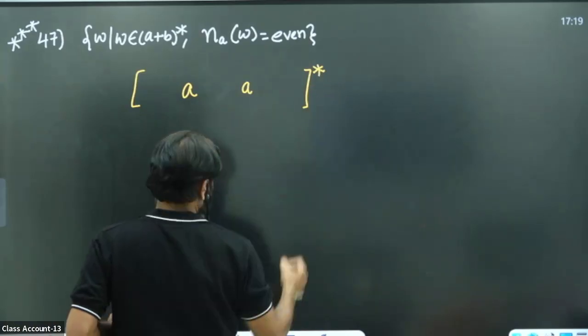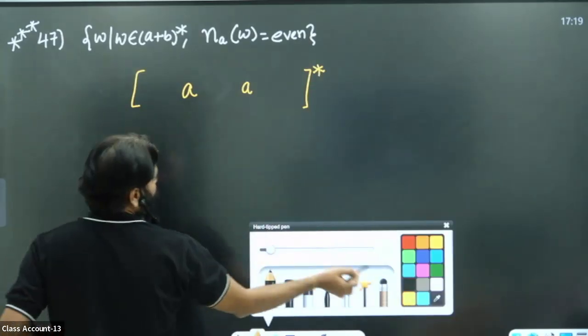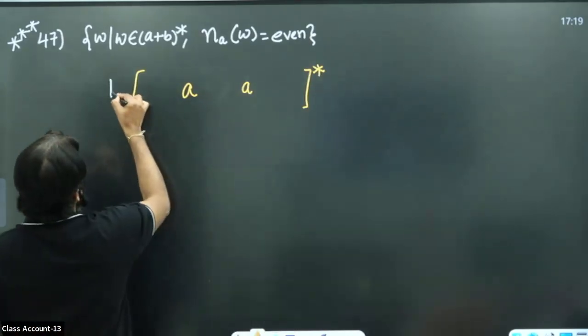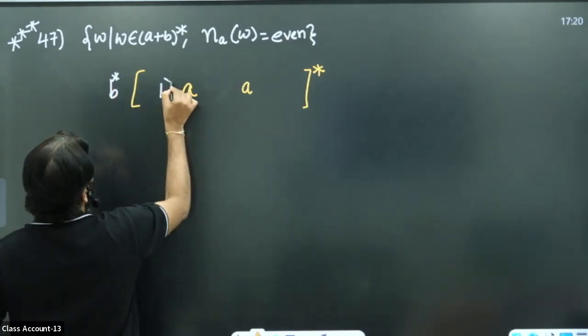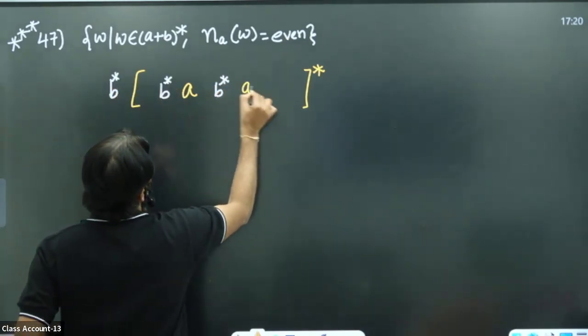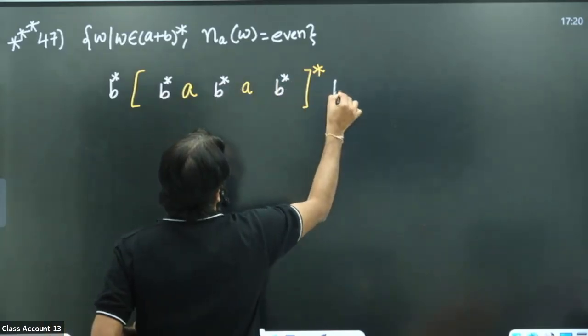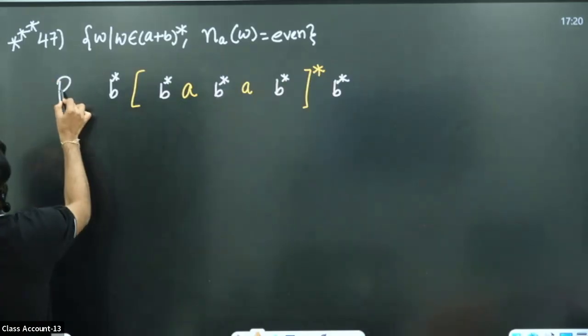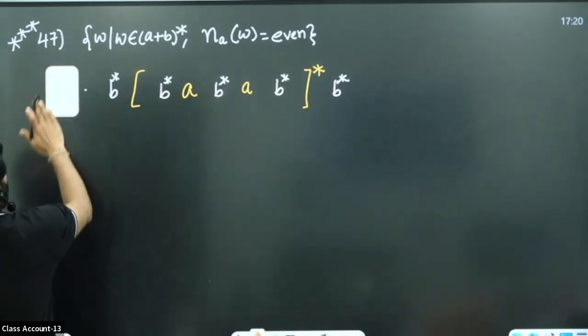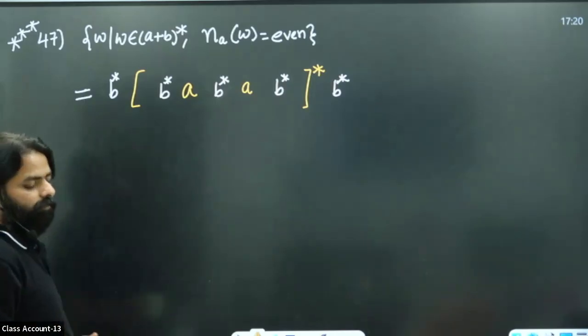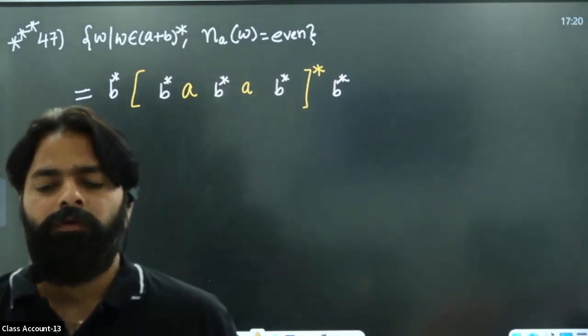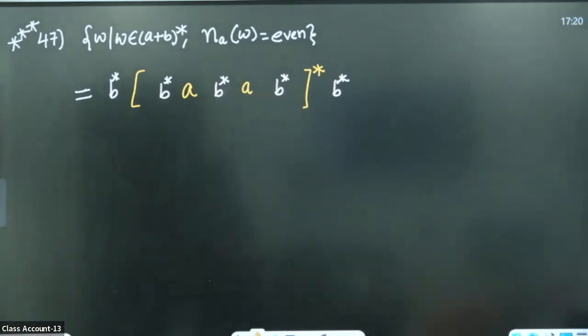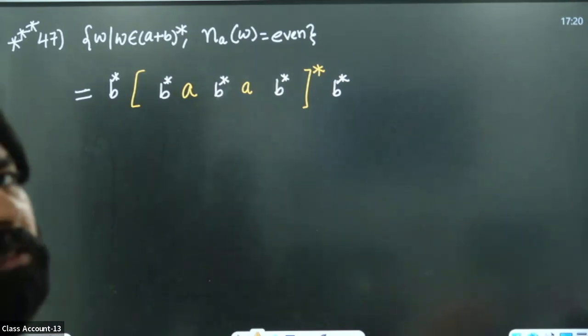A very simple expression: B star, B star. This is one of the simple expressions where you can generate all. Ashish, you are missing the B's before and after.